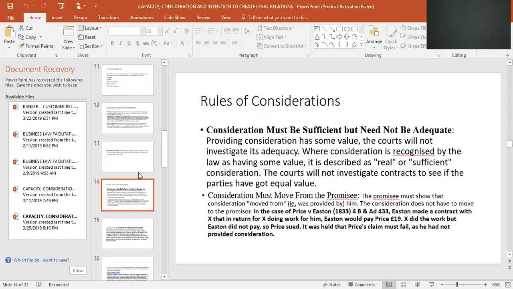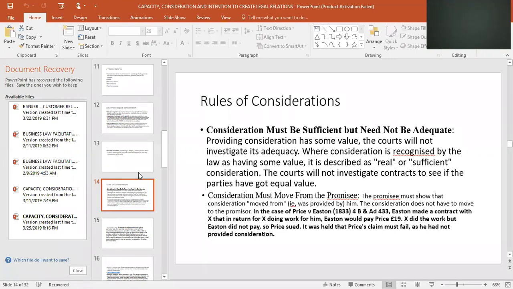I don't need Yvonne to perform a particular act that is so highly costly for me before I will say that this is a good consideration. No. The rule says that so far as the consideration is sufficient, that is fair enough.